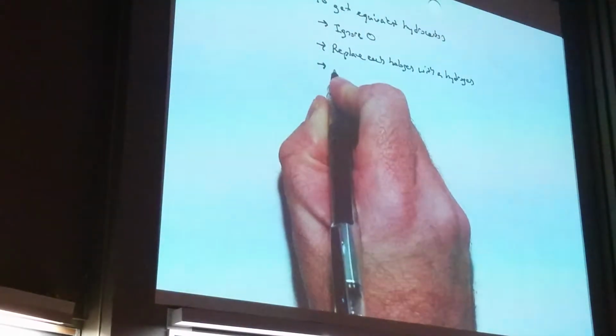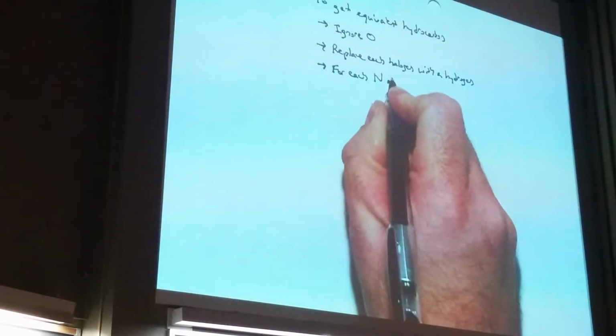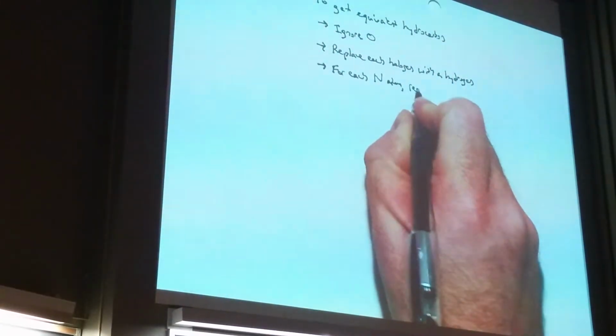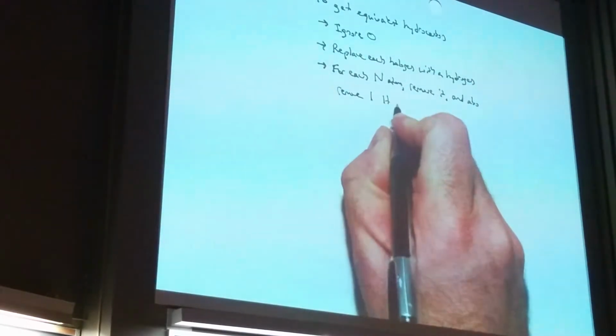Okay. That's not even realistic. C5H11, that's better. That would be too many hydrogens. But you get the idea. Not relevant here. If we've got nitrogen, that's where it gets confusing. For each nitrogen, remove it, and also remove one hydrogen atom.